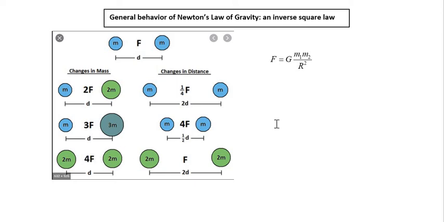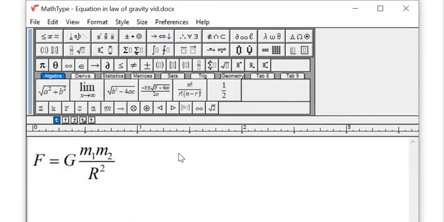Now, what happens when we change the distance? You've got to be a little careful here. Let's start off with an intuitive case. If we double the distance r, so r becomes 2r, your force would go down by a factor of 4. So let's see how that happens. Let's call this F1.